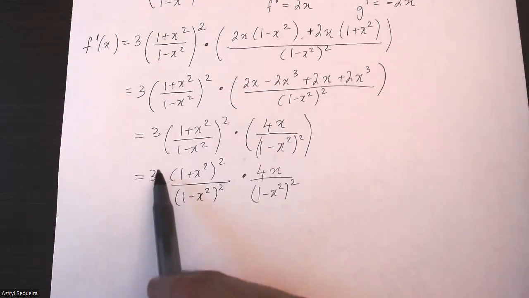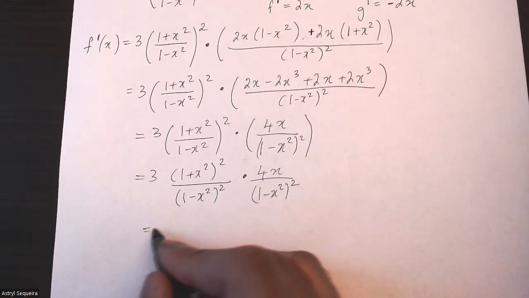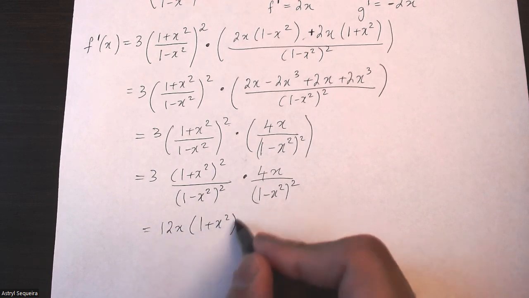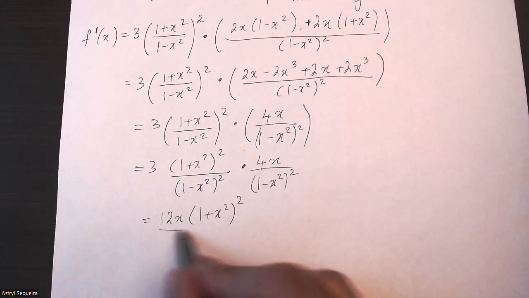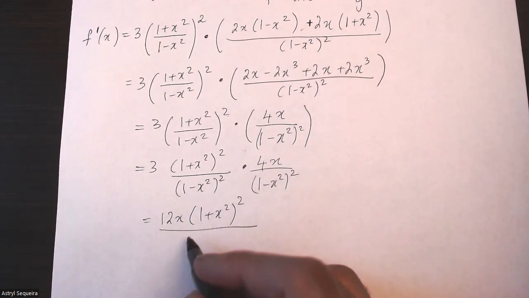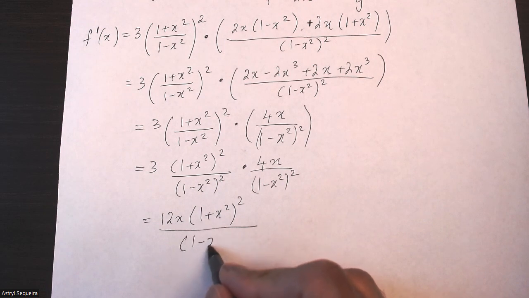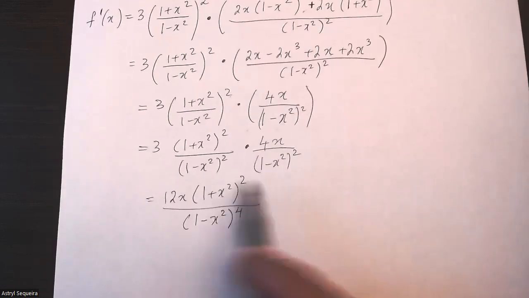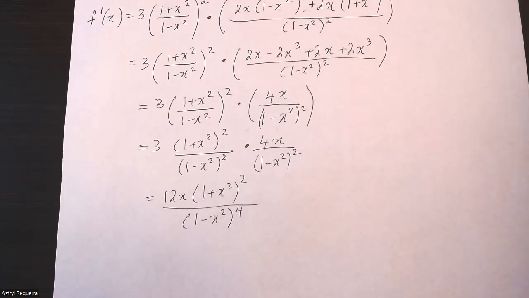And then last step, 3 times 4x is just 12x. 1 plus x squared stays the same. And 1 minus x squared times 1 minus x squared is just 1 minus x squared to the power of 4. And that is my final simplified solution for this question.